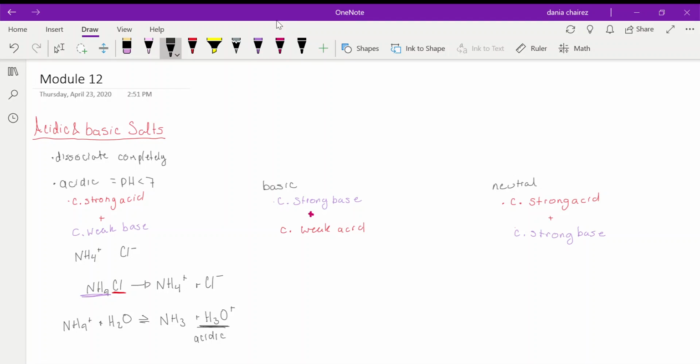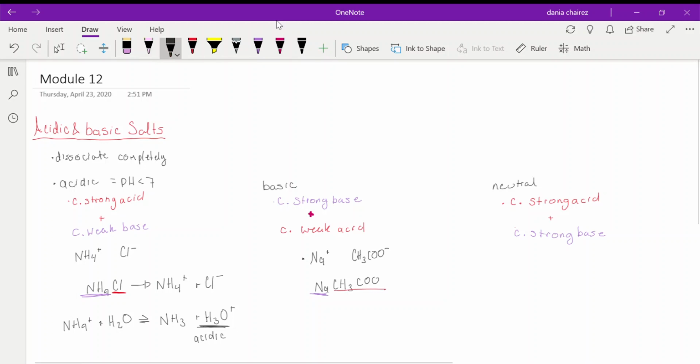And then a basic salt, let's take the conjugate of a strong base, the Na plus from sodium hydroxide, and the conjugate of a weak acid, which is going to be the acetate ion from acetic acid, which is a weak acid. So our salt would be sodium acetate. And so this is our strong base, weak acid.